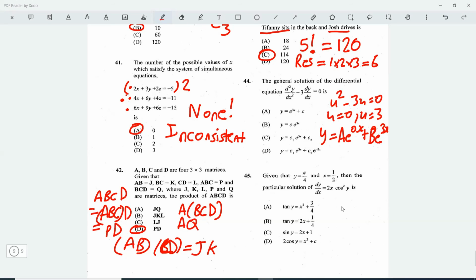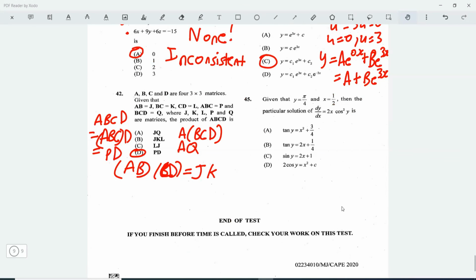E to the 0 is 1, so that's y equals a plus b e to the 3x. The a and b can be c1 and c2, so that is c1 e to the 3x plus c2. That's option C.